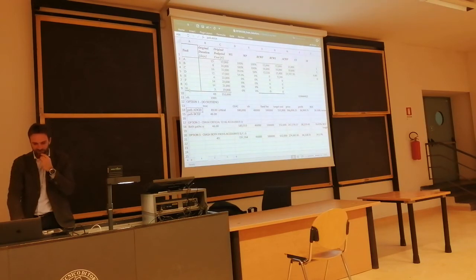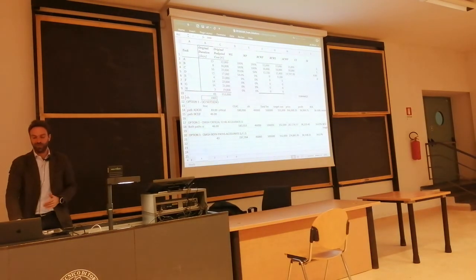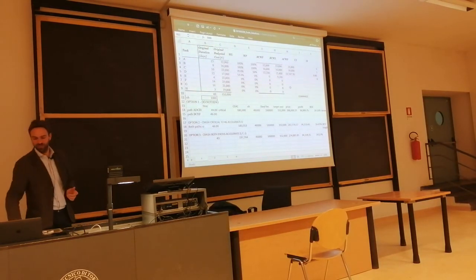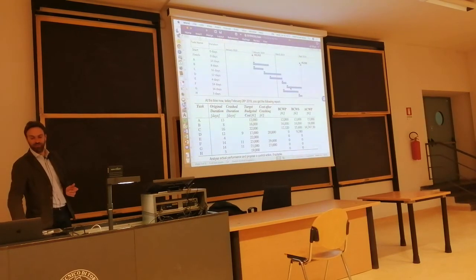Tasks A through H. Overhead cost 1,000 a day. Original duration. This is just copy and paste from the table. The contract: how is the contract compensated?